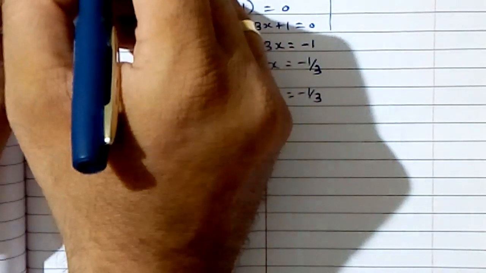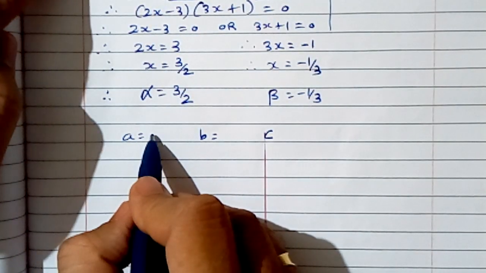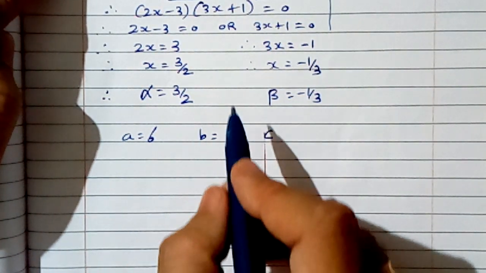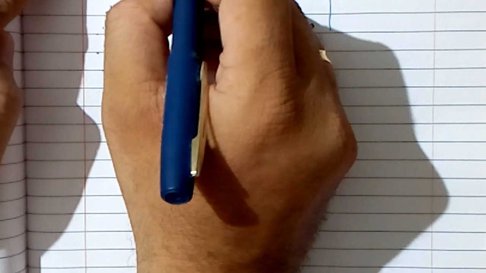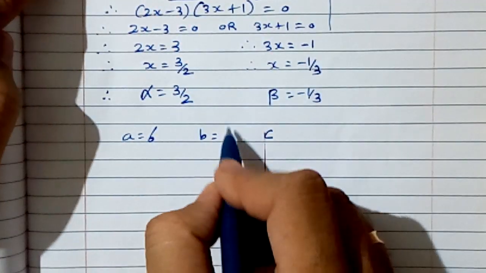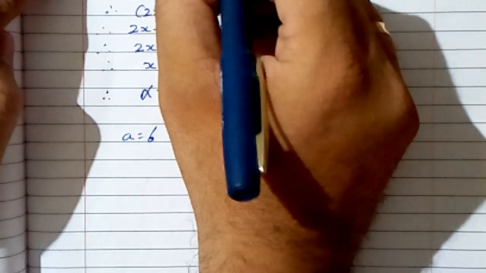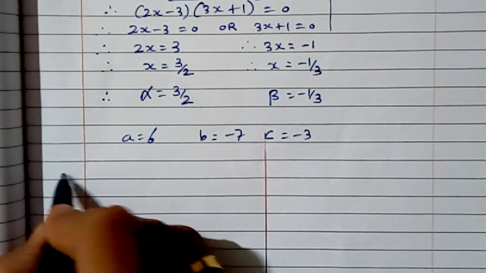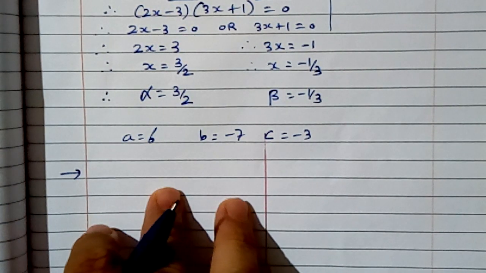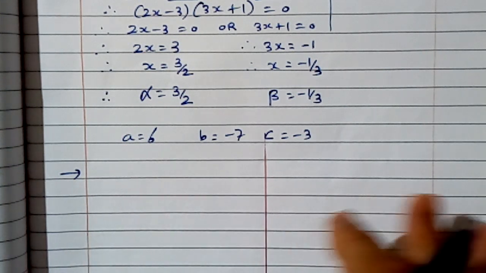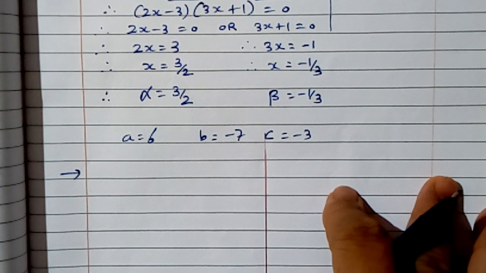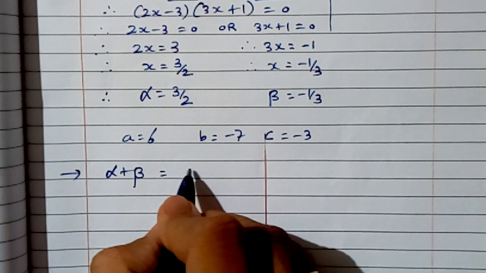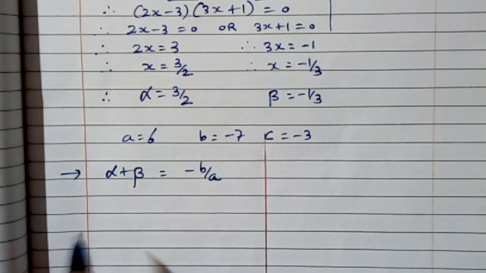We can compare here a equal to 6, ax square, that means a equal to 6. b equal to -7 and c equal to -3. Now here on the left side we are verifying the sum of zeros, on the right side we are verifying the product. Alpha plus beta equal to minus b upon a.